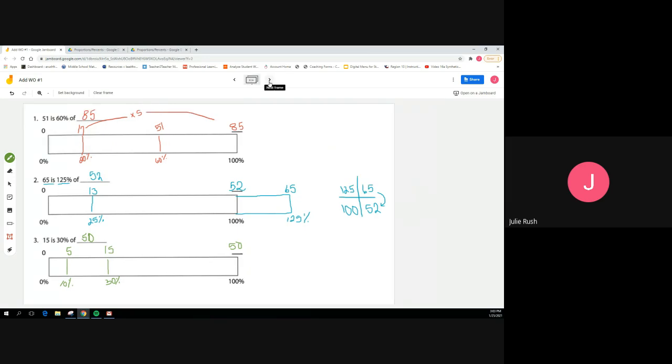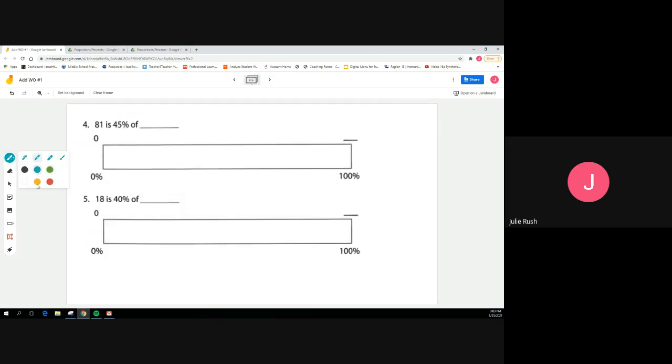How are we doing so far, guys? Doing pretty well? All right. Our last two, 81 is 45% of some number. So I'm just going to kind of eyeball 45. There's my 45%. And that is 81. I know my multiplication facts, so I know that 9 times 9 is 81 and 9 times 5 is 45. So I'm going to divide both of these by 9, because I want to get to 5%.